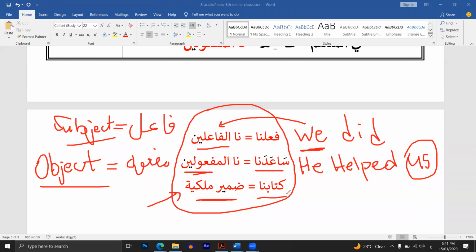So in the 3 cases, it's متكلم, first person. I want you not to confuse the position of the person talking. We have 3 positions: first person, متكلم; second person, مخاطب; and third person, غائب. Don't confuse it with the position of this pronoun inside the sentence.